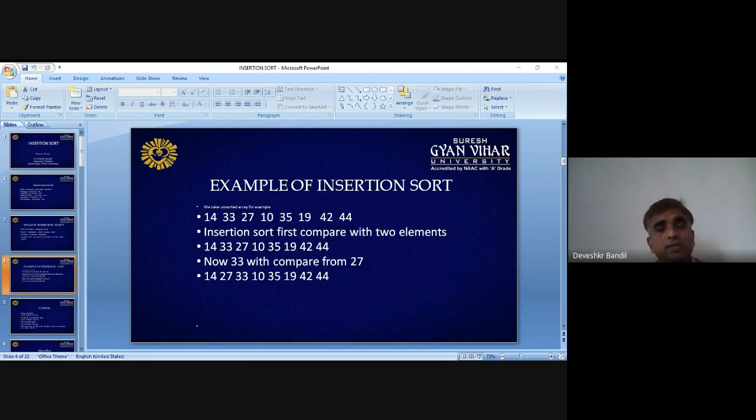Now your insertion will move ahead, and you will compare 33 with 27.